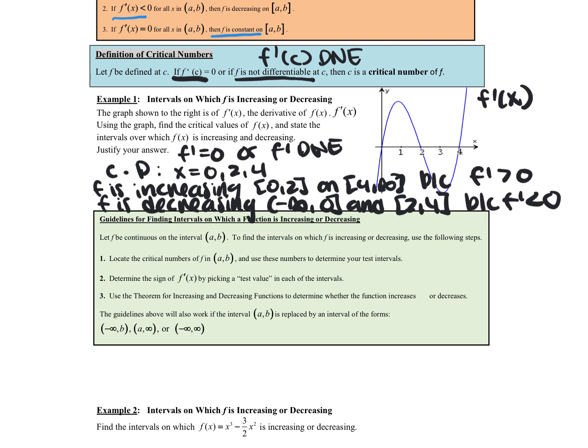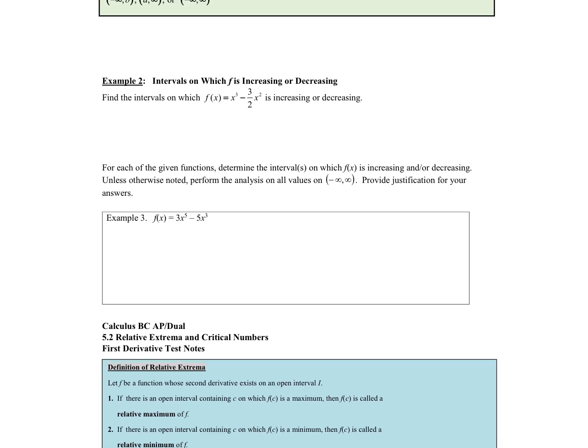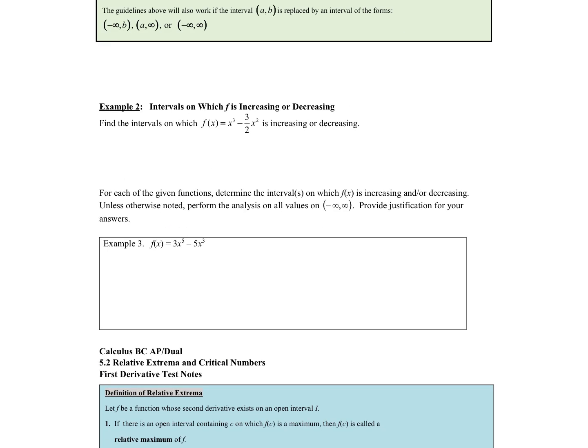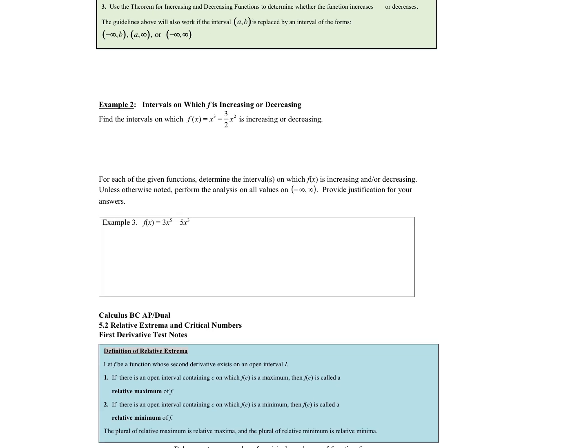But if we have an equation, we're going to have to plug in values to see if f prime is positive or negative, right? Because we have the graph of f prime, we can just use the graph. But if you have an equation for f prime, you're going to have to plug in values and see, is it positive or is it negative? So that's what we're going to do an example of right now, okay? So let's do that right now.